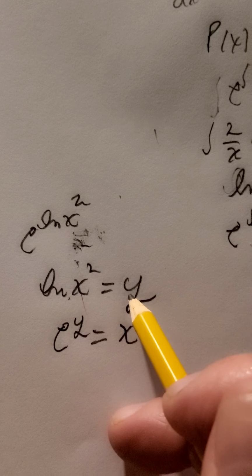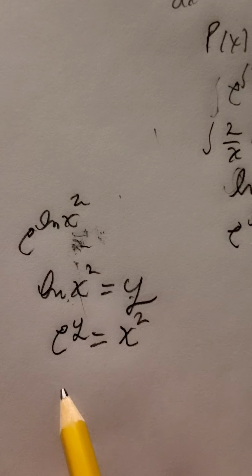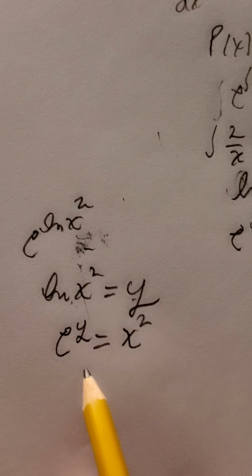So raising e to the y power gives the x squared back. Well, isn't that interesting? Because I set this natural logarithm of x squared equal to y.